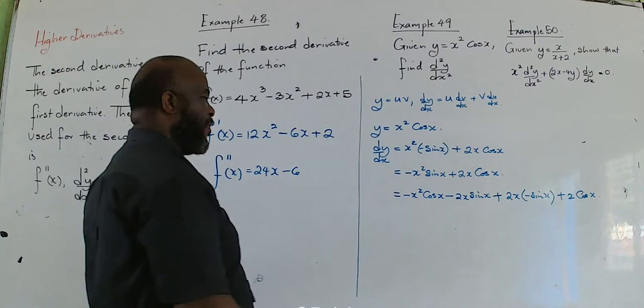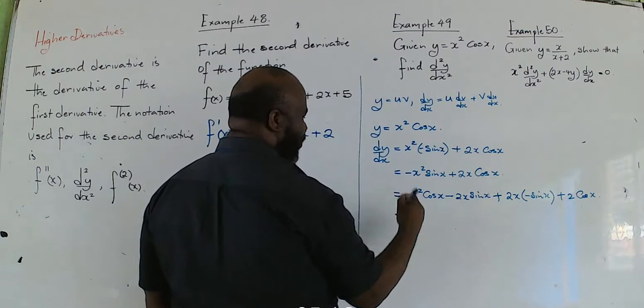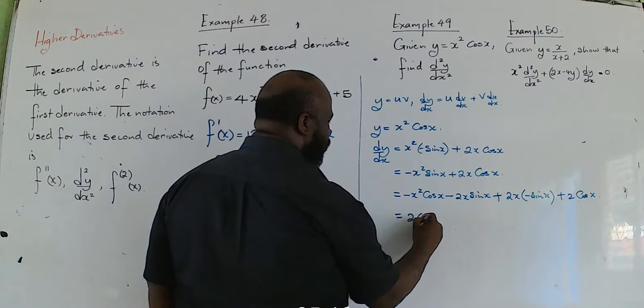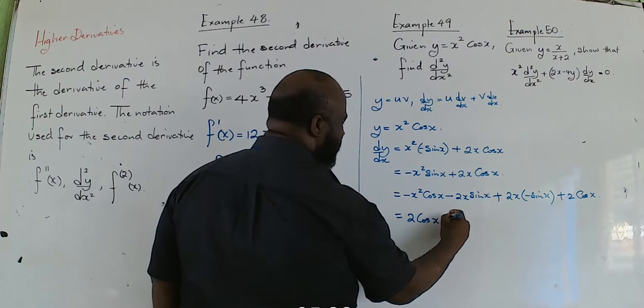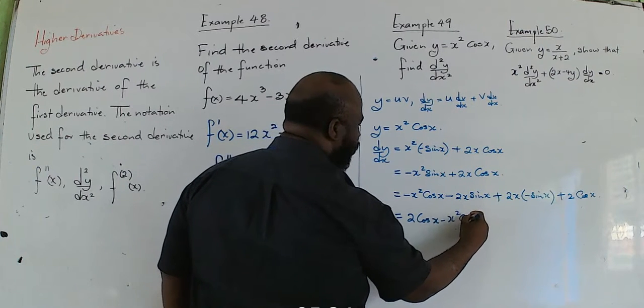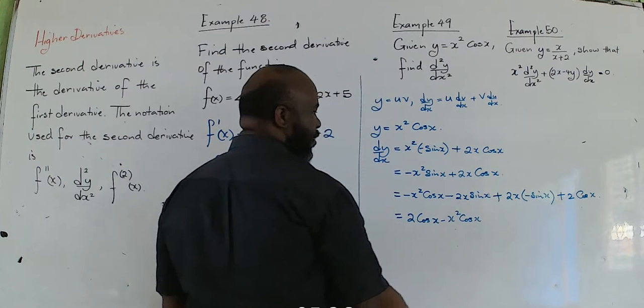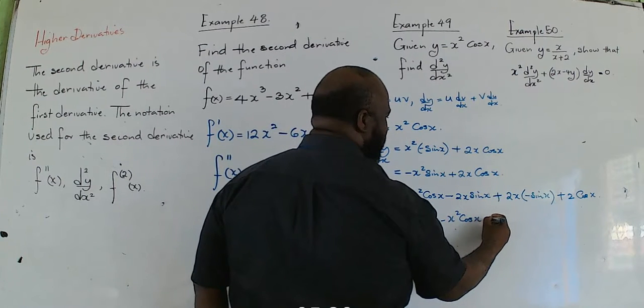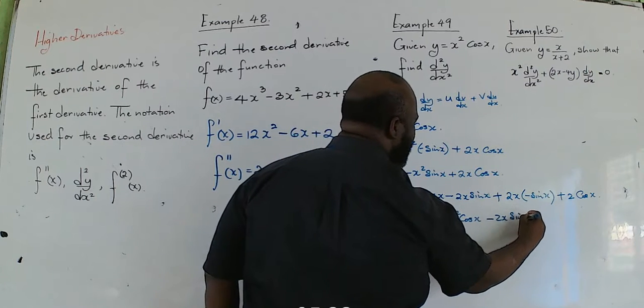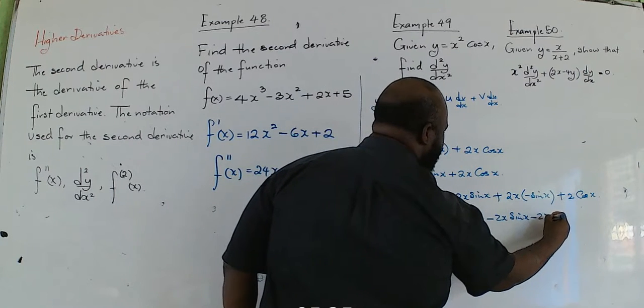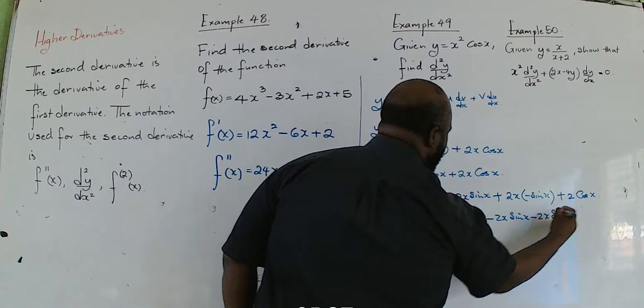Let's simplify. Let's bring that to the front. We have 2 cosine x minus x squared cosine x minus 2x sine x minus 2x sine x.